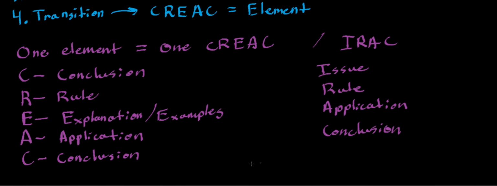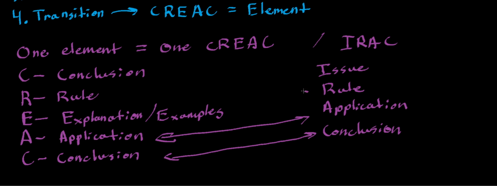And the point that I want to make is that obviously you can see some similarities in these two. So both of them have a conclusion, and they both have an application, and they both have a rule. But fundamentally, IRAC and CREAC are the same thing. One difference would be this explanation section in the CREAC, which does not appear in the IRAC, but that is just because IRAC does not consider the rule to be different than the explanation, and the CREAC just breaks the rule section down into two parts.